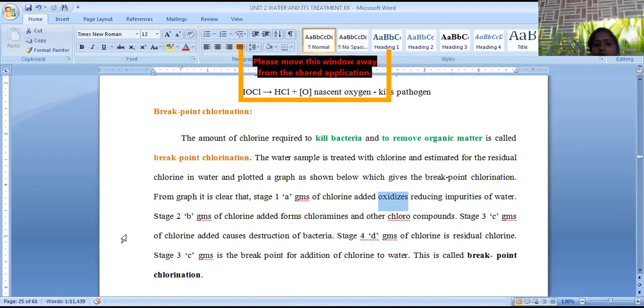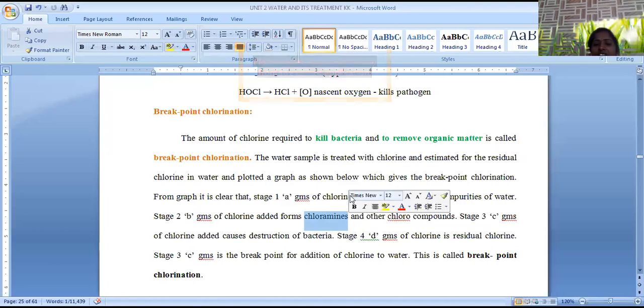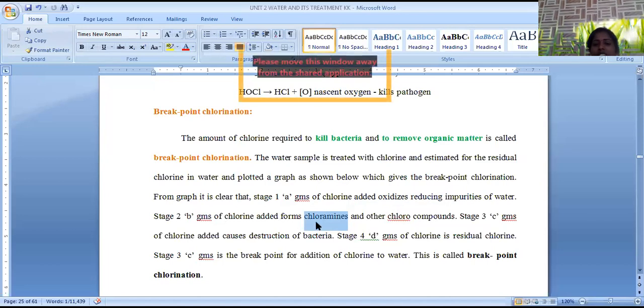Let us go to the second segment, or stage 2, where chlorine is mainly used to convert all ammonia and amine related impurities into chloramines. These chloramines are efficient for the disinfection process. So in the second part, any amine and ammonia related impurities present in the water get converted into chloramines.